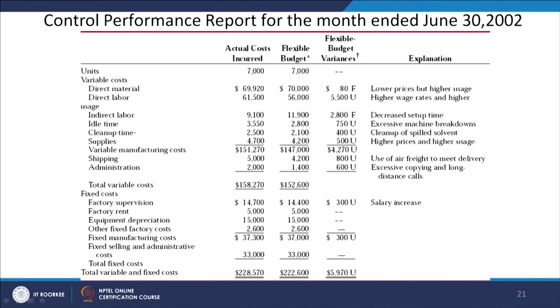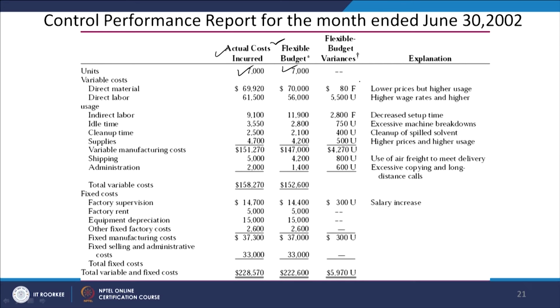Now, we have finalized the whole thing and we have the final information, that is the actual cost and the flexible budget. The level is the same, here it is 7,000 units, here it is 7,000 units. For the 7,000 units, this shows the budgeted cost expected, the actual cost that has been recorded or calculated, and this column gives us the variances.